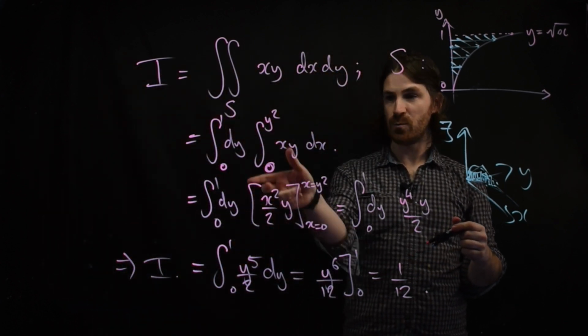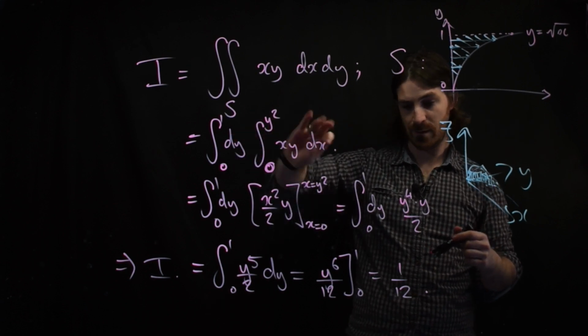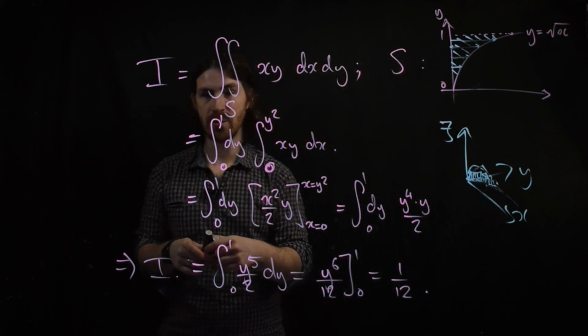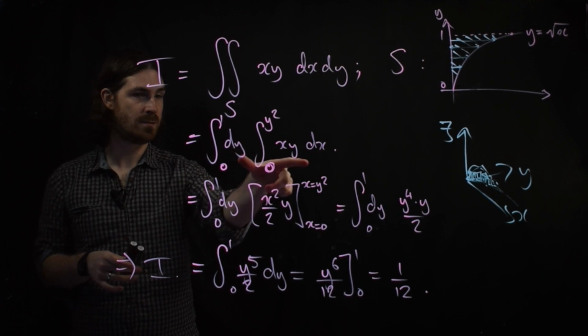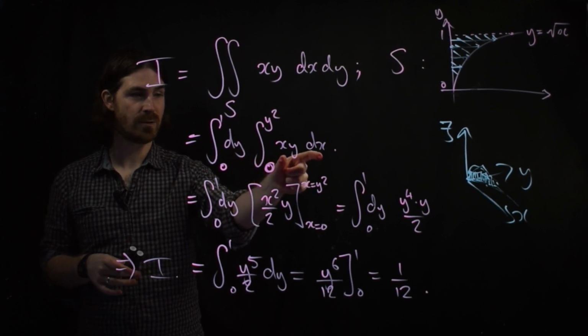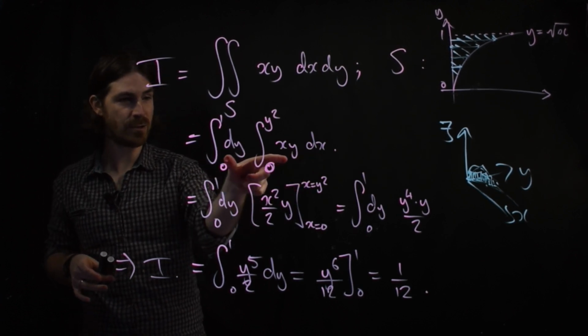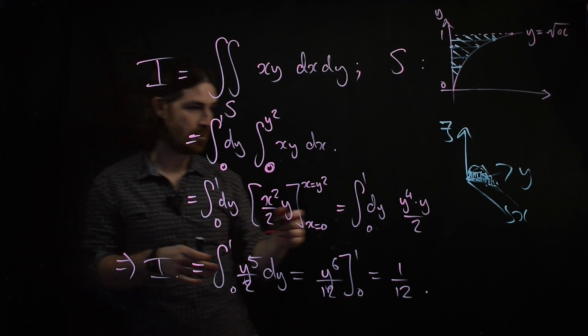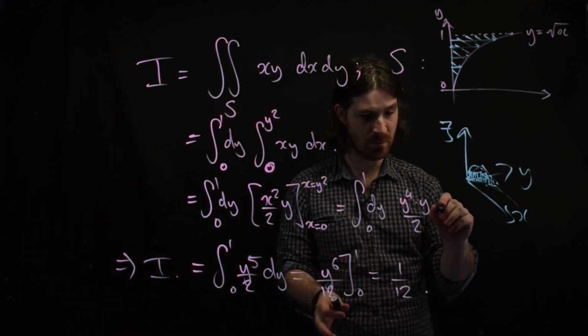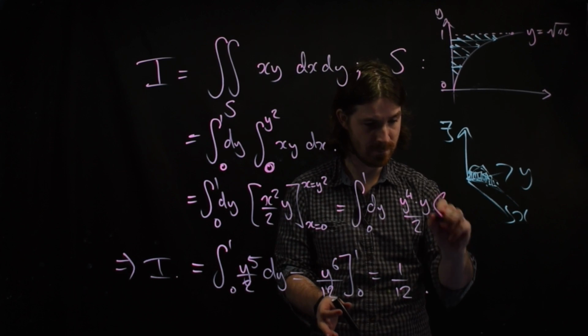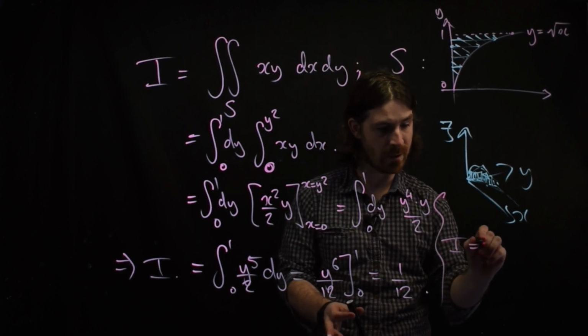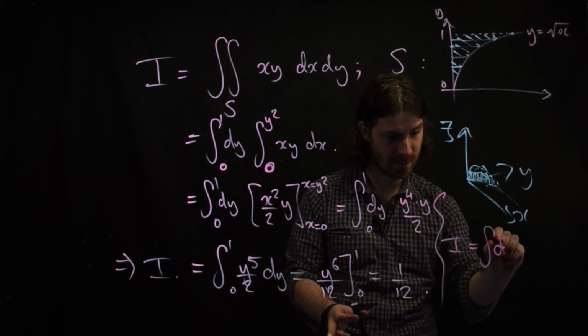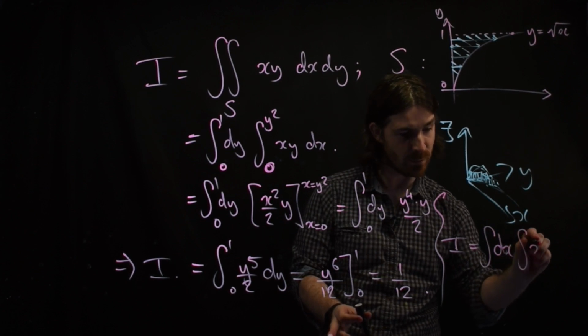But we can also swap the integration order. Okay, so instead of this, where we do the integral over x first, and then the integral over y, we can think about writing it as an integral over y first.